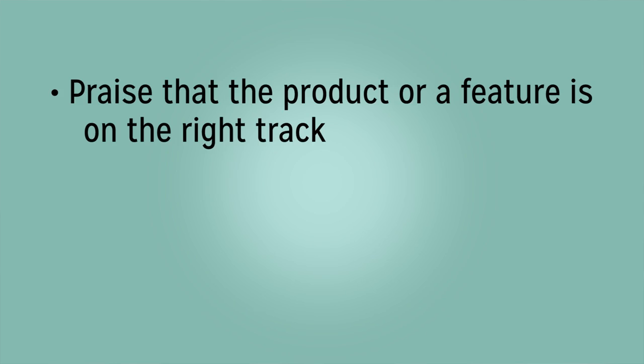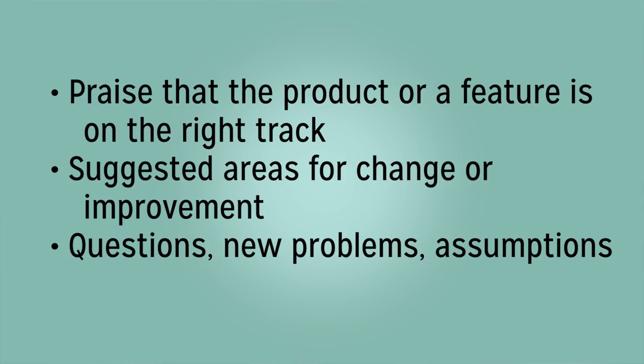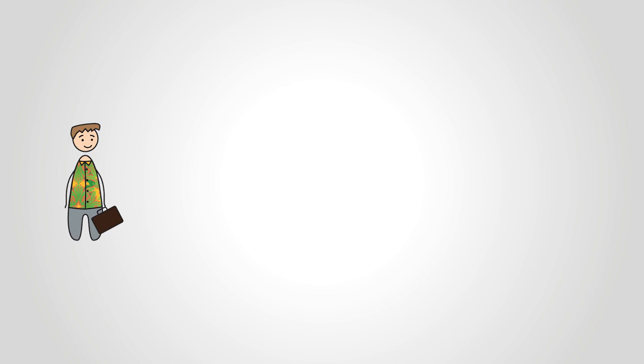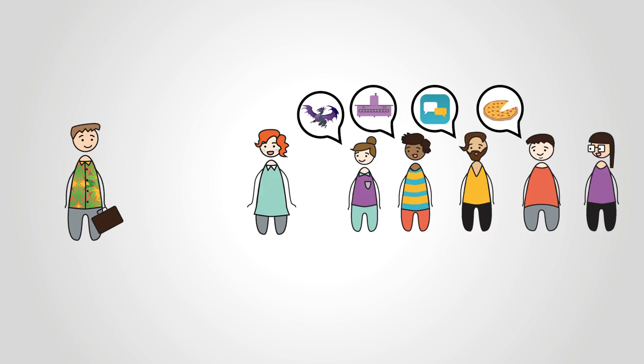Generally, feedback takes one of 3 forms. It could be praise that the product or feature is on the right track. It could also suggest areas for change or improvement. Or the feedback could identify areas that lead to questions, new problems, or revisiting assumptions. Since the backlog is maintained and prioritized by the product owner, stakeholders are free to suggest as many features as they want.